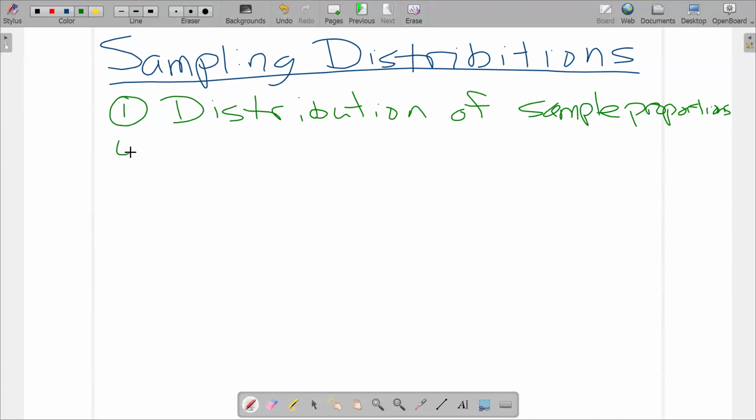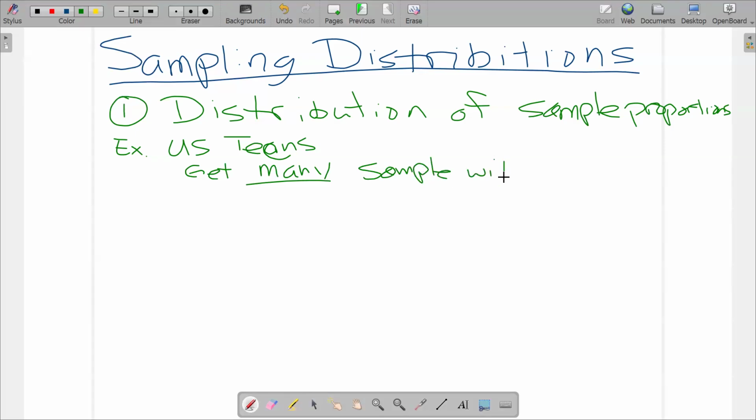An example of this is with US teens. I'm going to get many samples with, let's say, 1,400 teens in each.